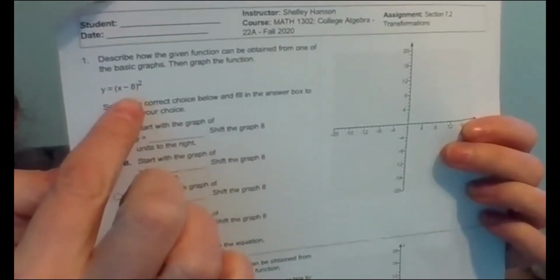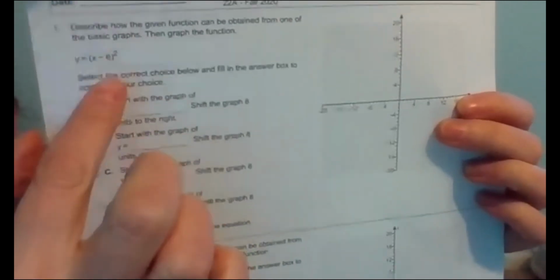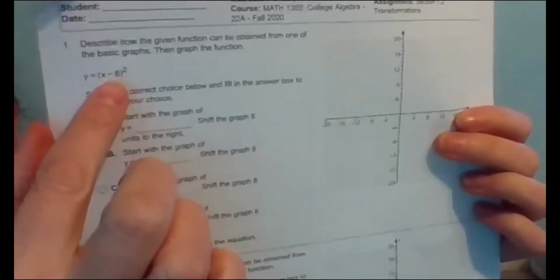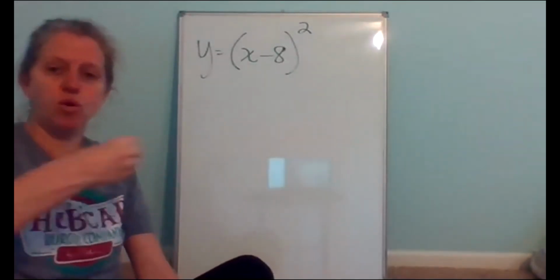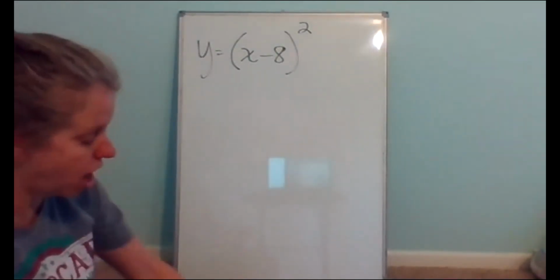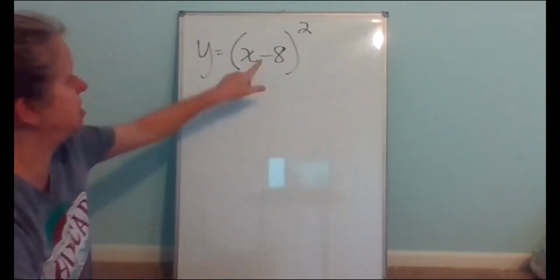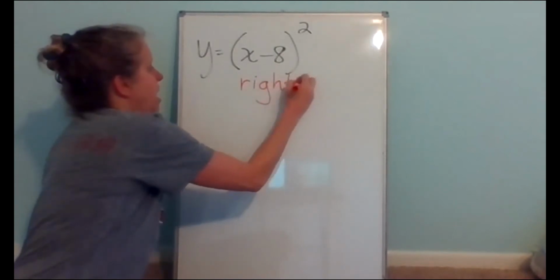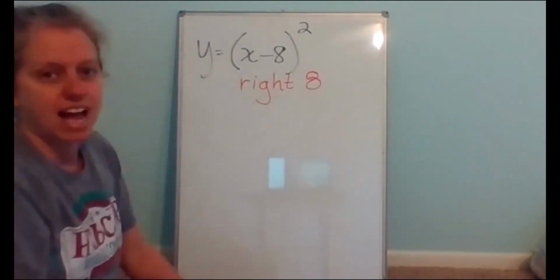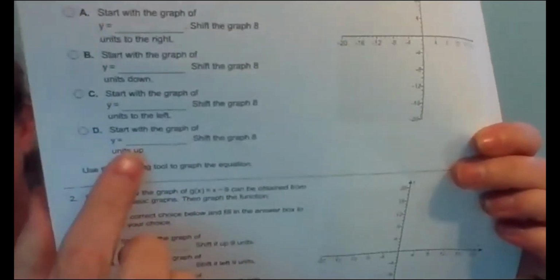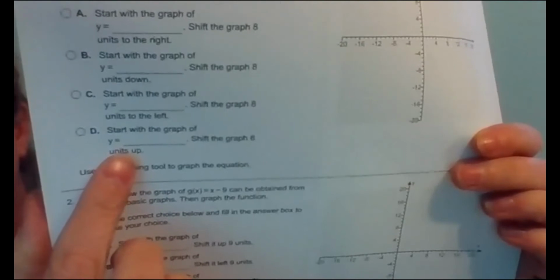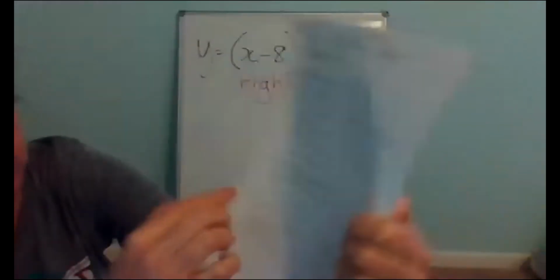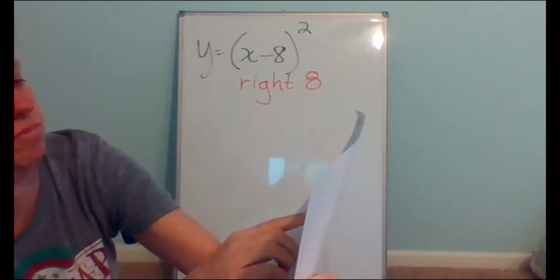Okay, so since that's an inside number, remember, inside numbers shift you horizontally, left and right, but you go opposite of the sign, which means since this is a -8, it's actually going to shift this graph to the right 8. So you would find the one that says right 8, which will be that A, right?